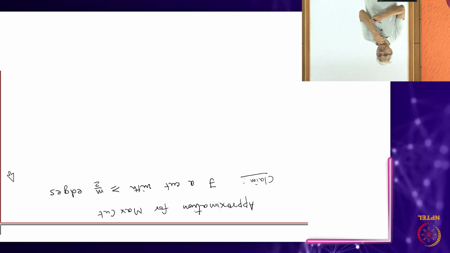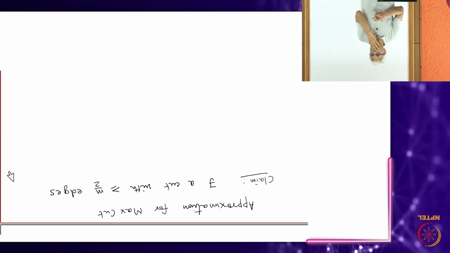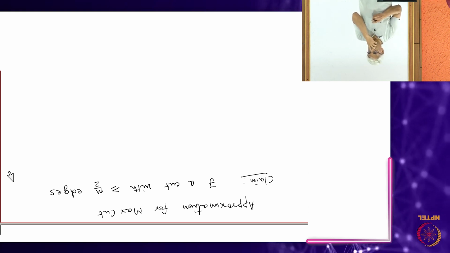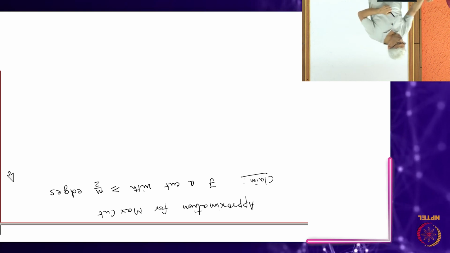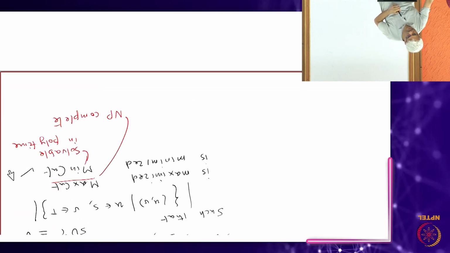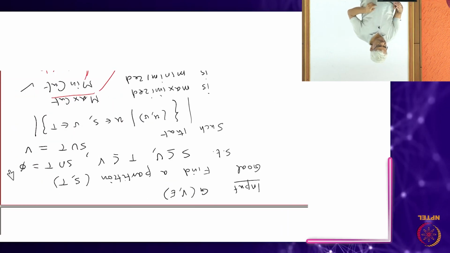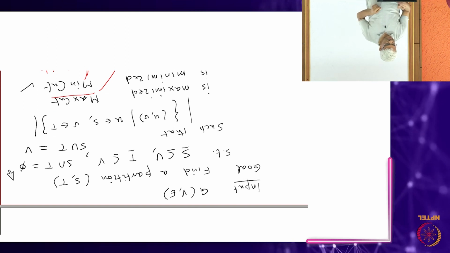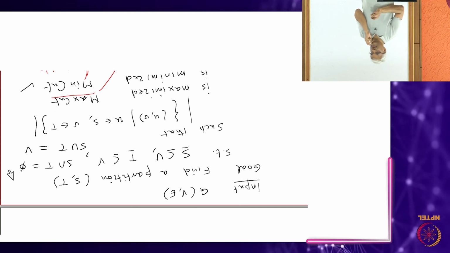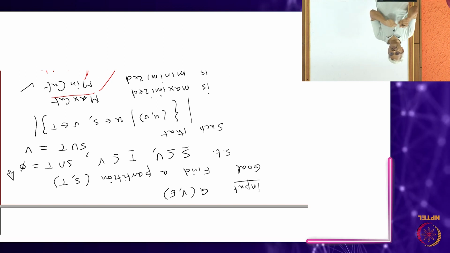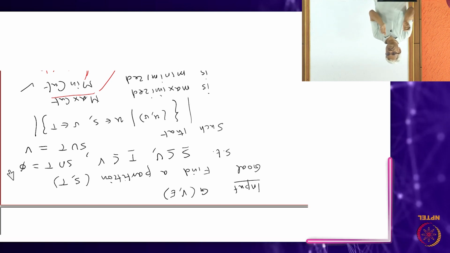So, what partition should I do? My goal is to come up with S and T, this S and T. So, give me an S and give me a T, and then we will try and argue how many edges are going across.